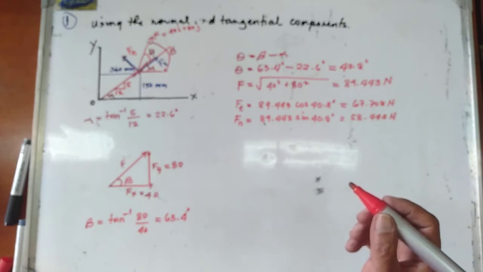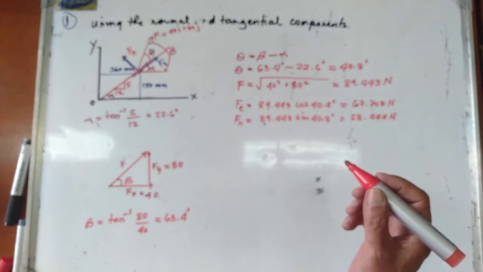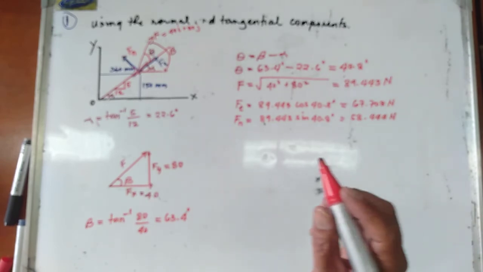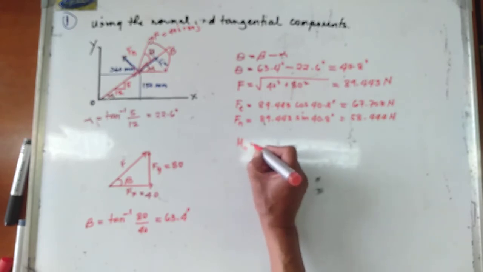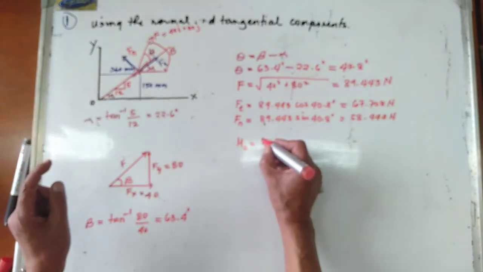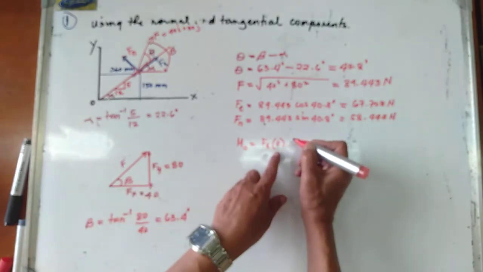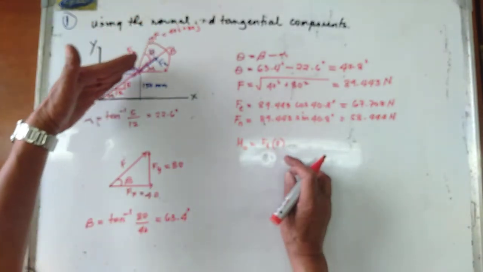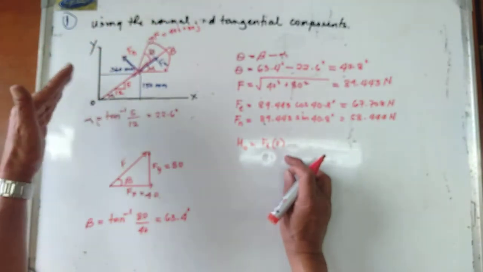Now, let us try to apply now Varignon's theorem. The moment of the force F about point O is now equal to your Ft, the tangential component, multiplied by 0, because it passes through your moment center, and therefore we do not have a moment arm.